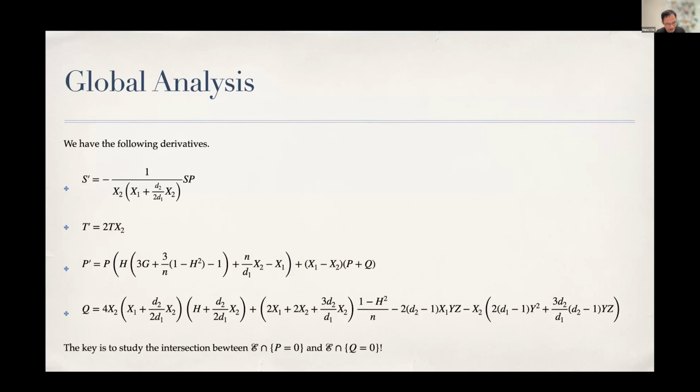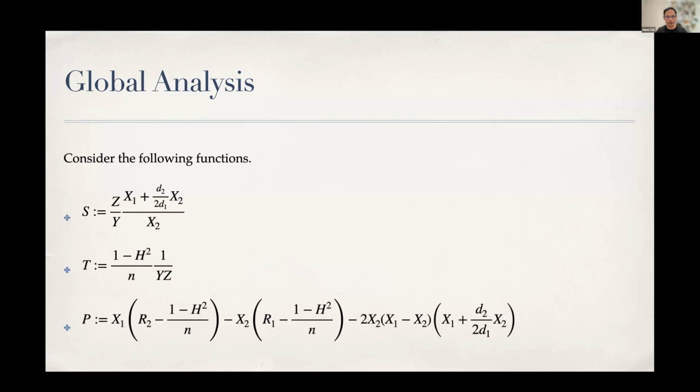if we can tell the sign of the polynomial Q when P equals 0 holds, then the algebraic surface P equals 0 will become a barrier for the phase space. So we would like to have the sign for the polynomial Q. But then the question boils down to studying the intersections of two algebraic surfaces.